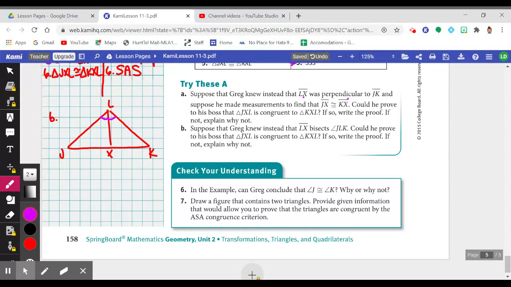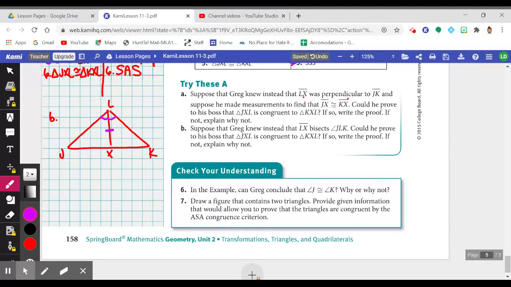The other piece of information that doesn't have to be given is that line LX will be congruent to itself. And so look what we know. We have 1 pair of corresponding congruent angles, and we have 1 pair of congruent corresponding sides. Is that enough to prove congruency? Well, again, you probably say, this angle's a right angle, this angle's a right angle.